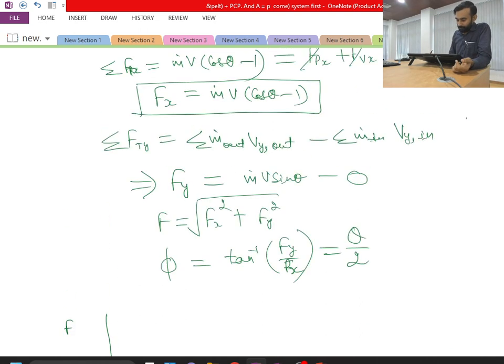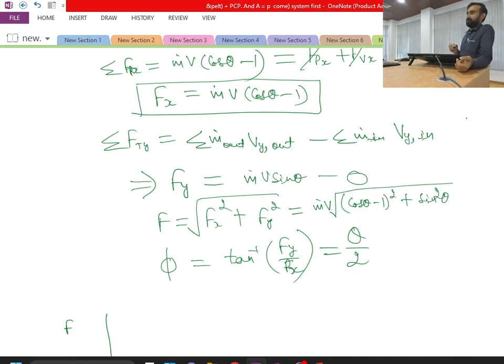You can see from here that when I calculate the resultant force, it will become m dot v into, that can come out common from both the sides, square root of (cos theta minus 1) square plus sine square theta. Ultimately you will find that it will become a parabolic function of theta. Square of theta will come into picture.